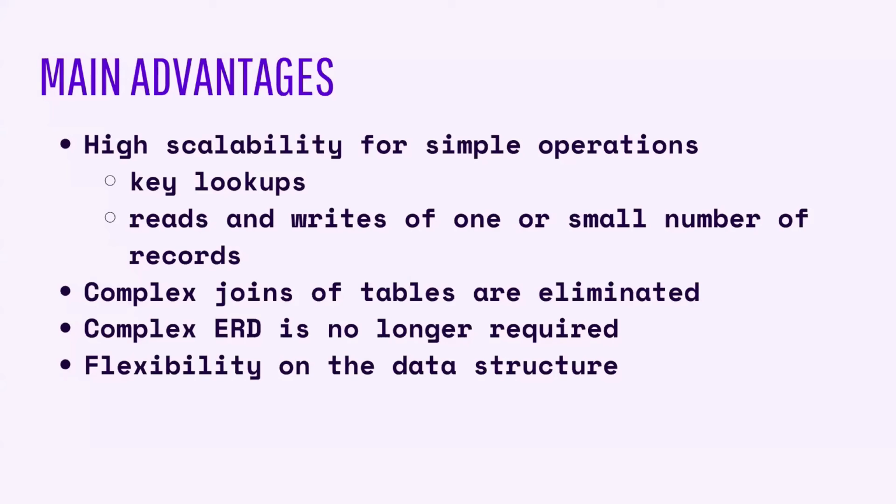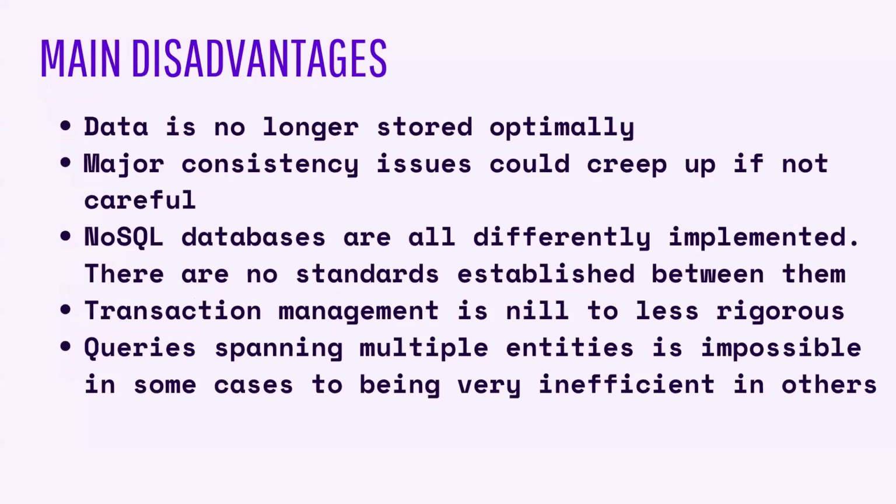No, it's very simple. Just one record here or a couple of records there, and that's it. There is no relationship between tables. Complex joins of tables are totally eliminated. Complex ERD is no longer required. And there is flexibility on the data structure. Again, as I said, you don't even have to have a schema ready for storing any of your data.